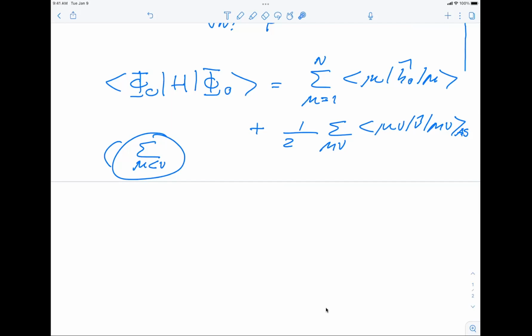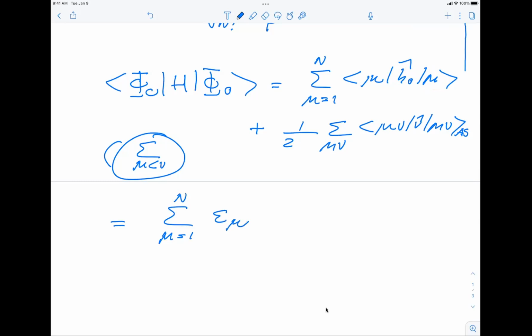Now, what is special here is that if you look at these matrix elements, with the basis you have, typically this will just become a number and you don't need to evaluate an integral, because you have assumed that this basis is an eigenbasis of this H0. So typically what you would see is that this becomes equal to some sum over mu, and then you would simply have to look up in a table the values of these elements.